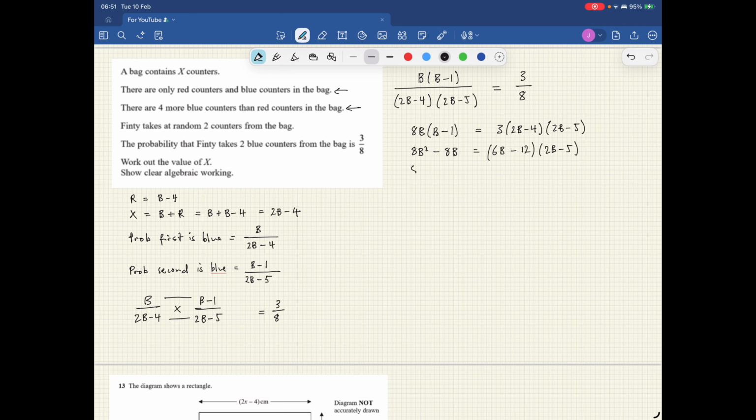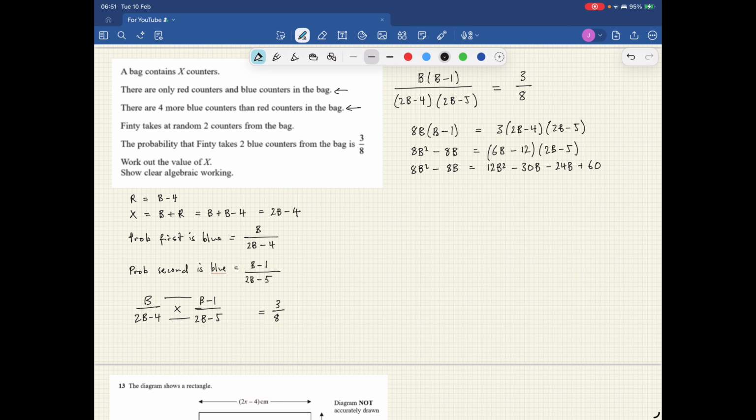And I'll have one more line here just to make sure that I do it carefully. 8b squared minus 8b equals, now 6b times 2b is 12b squared. 6b times minus 5 is going to be minus 30b. Minus 12 times 2b is minus 24b. And then minus 12 times minus 5 is plus 60.